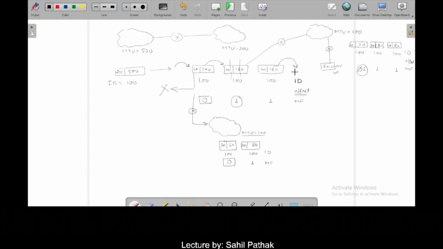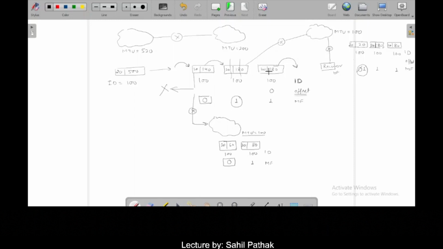As of now you can see there is no data byte ahead of this. Mind it, we have to calculate only the data bytes. So there is no data byte ahead of this fragment. So therefore the offset value here will be 0.